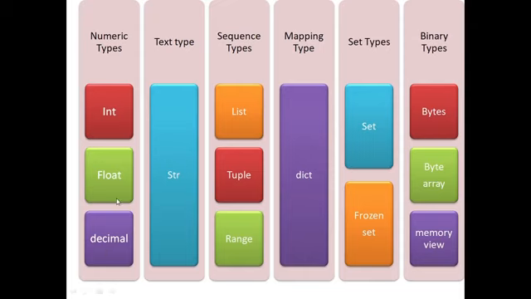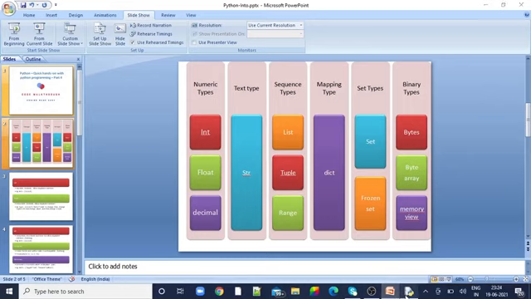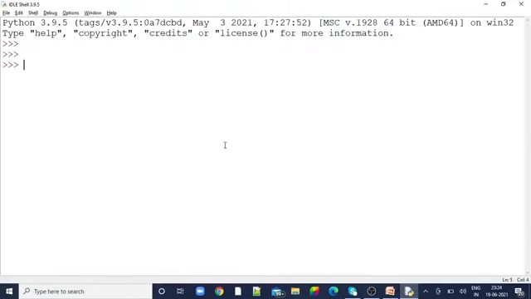So first we start with the numeric data types. For example, I take a number, say a1, which is equal to 5. I'm not giving any decimal value. In Python, we never declare a variable type.